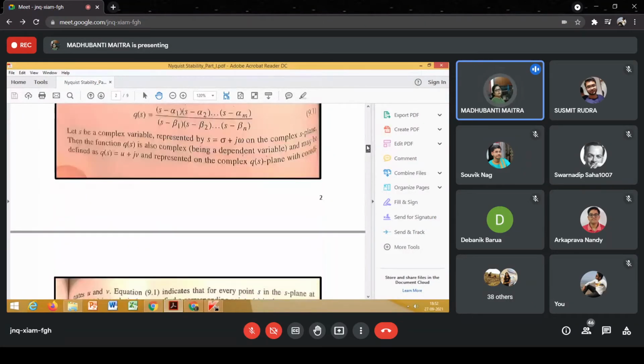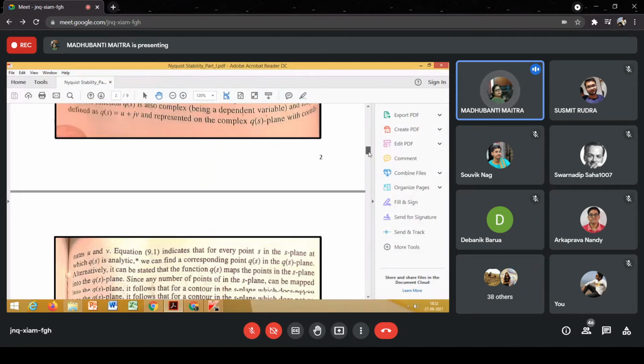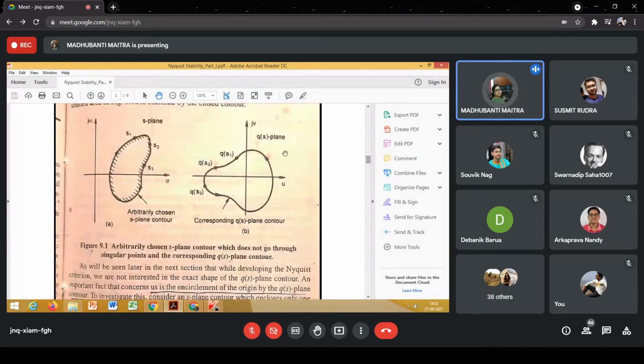So we can assume that for s equal to s1, Q(s) exists. So we'll get Q(s1), which will be given by some u1 plus jv1, and hence we can map the corresponding point on the Q(s) plane for which the axes are labeled u and jv, right?